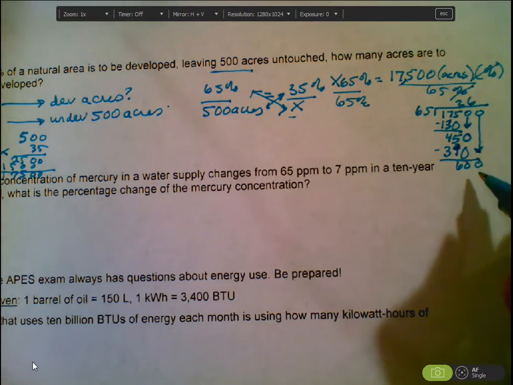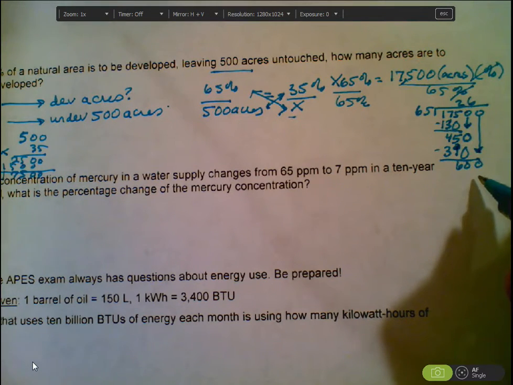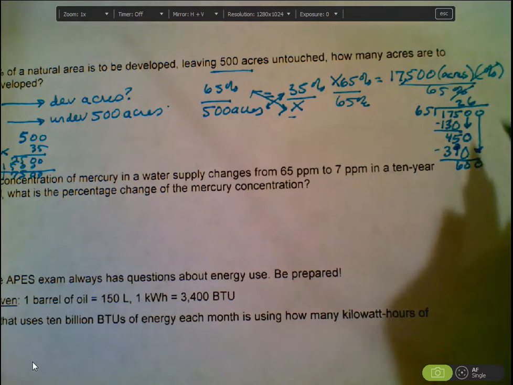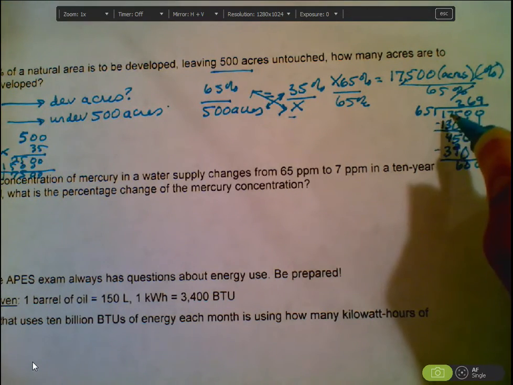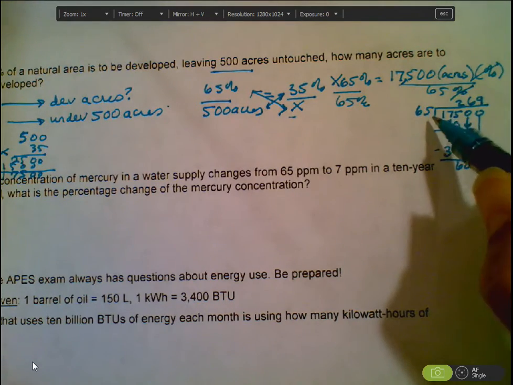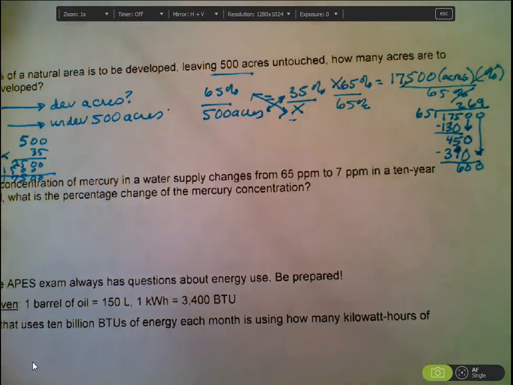And 65 into 600, not quite, because there's a 5 on there, so it's not quite 10 times. We're going to start with 9, because we know it's going to be pretty close. Y'all can't tell, but I might use my fingers to do my 9 multiplications. But 9 times 5, see what you do, by the way, you hold up your hands and you put down your 5th finger, and that gives you 45.